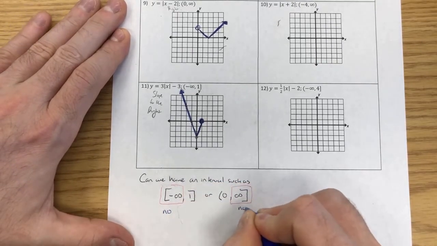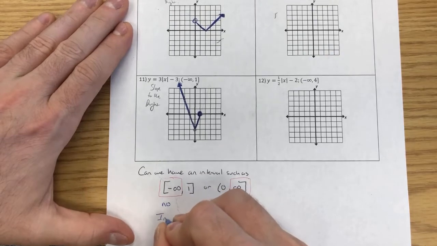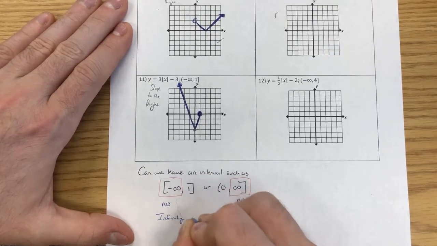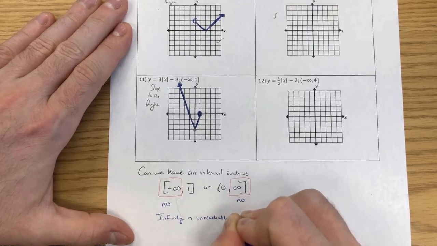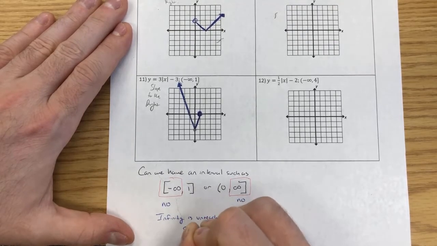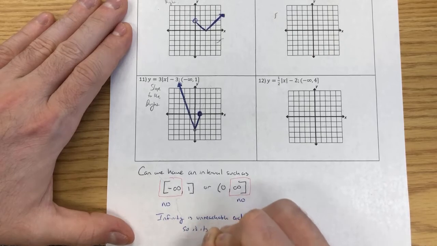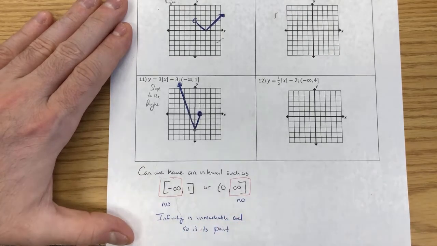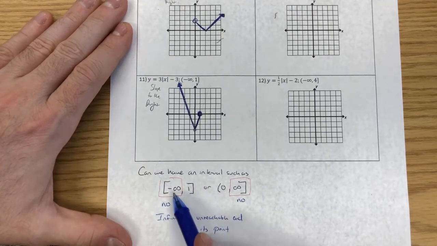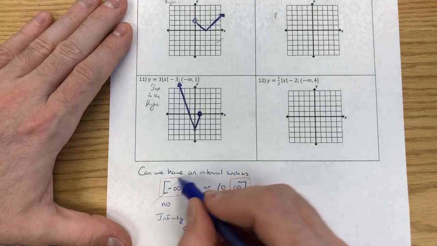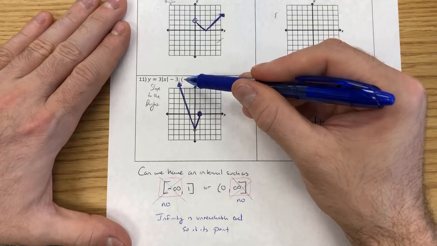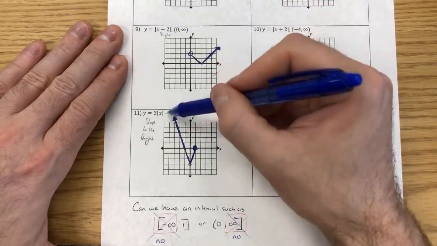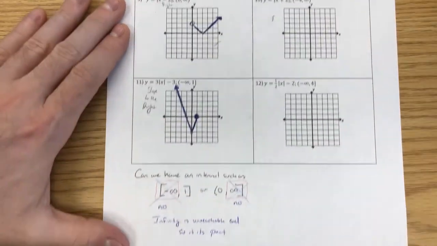No. Infinity is unreachable, and so is its point. Because infinity is unreachable, we cannot include graphs like this. It does not work. Infinity always has to be a parenthesis because, again, infinity is something we could never reach. And that's all we got.